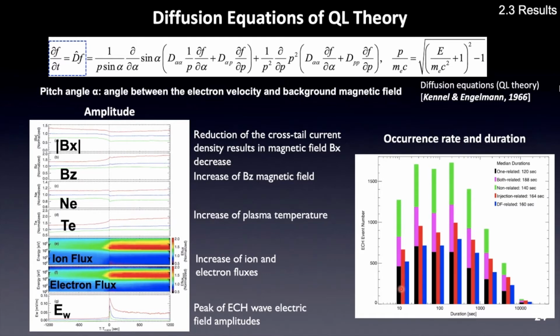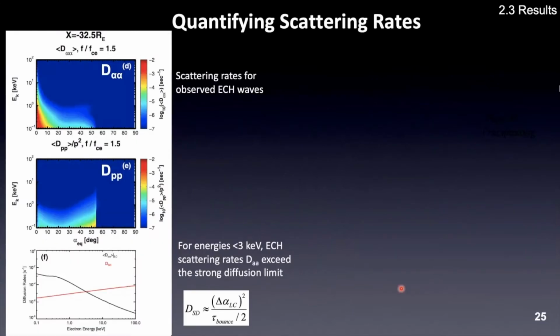We also survey the occurrence rate and the duration of the ECH waves themselves. Then we have a well-established diffusion code to estimate the diffusion rate based on these observed wave properties. Just as shown here as an example, the pitch angle and the energy diffusion rate from the ECH waves at a certain location.